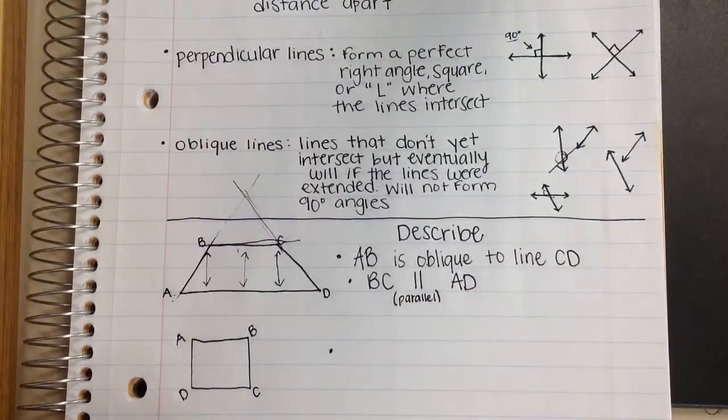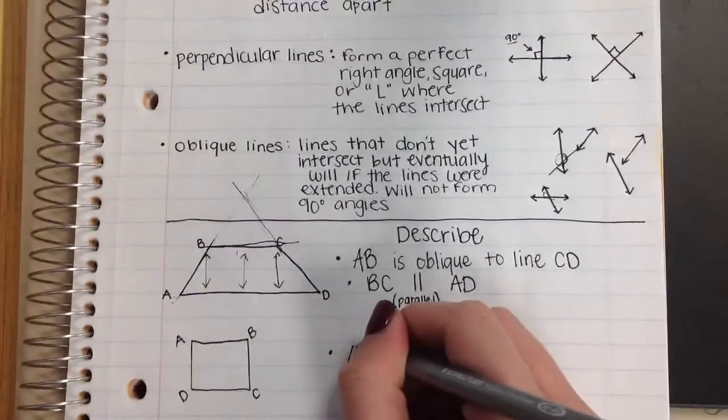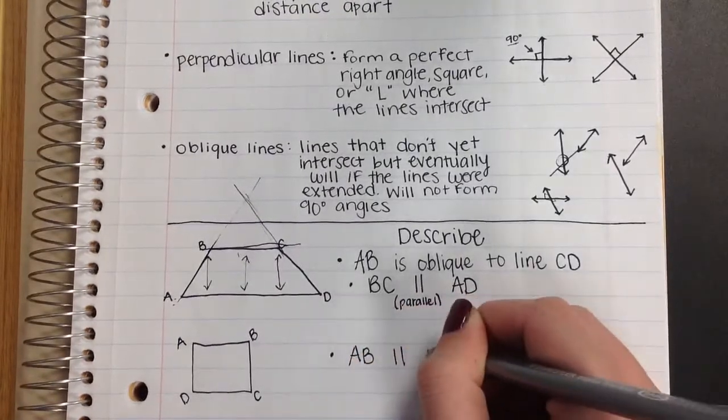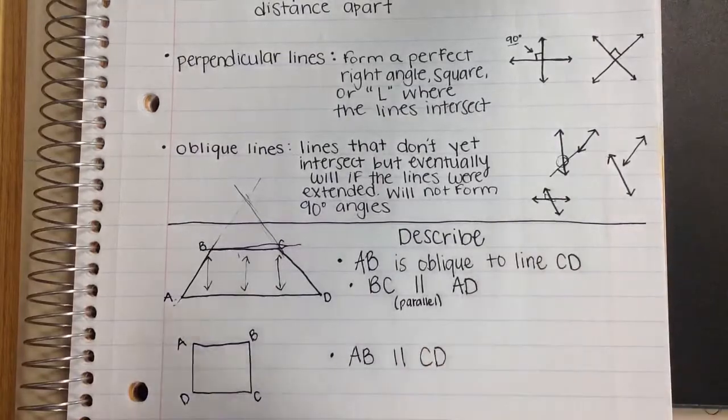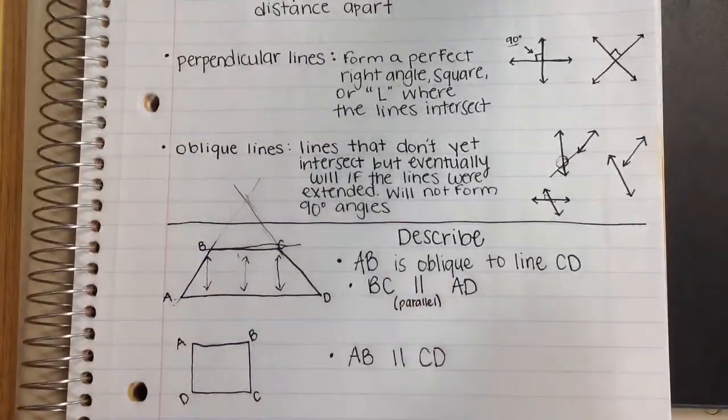Well, we could say that AB is parallel to CD, because they are never going to touch each other. They're the same distance apart.